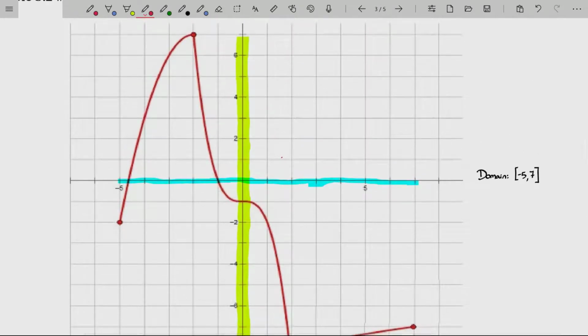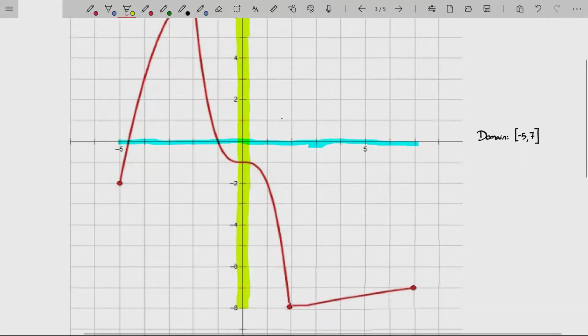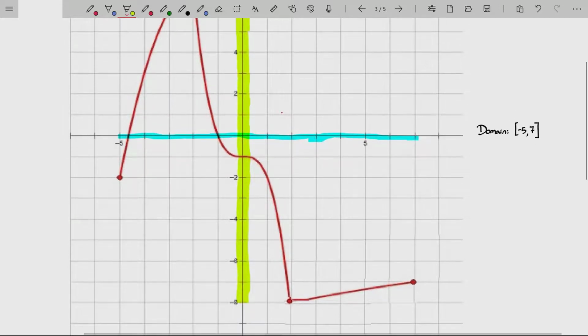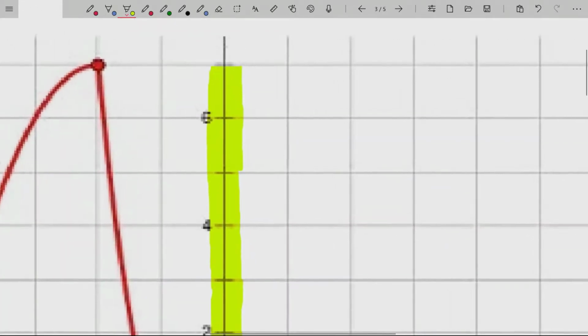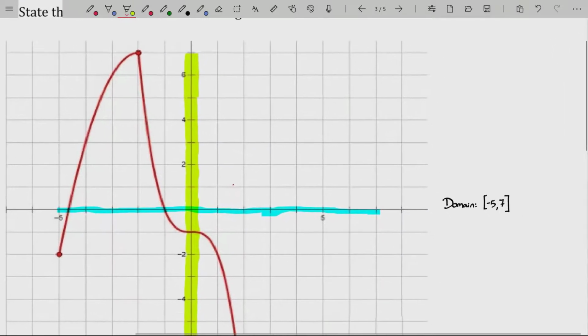And this shading technique really is very nice because then you get to actually see the range of your function graphically. Again, you go from lowest value to highest value. So it goes from a y value of -8 all the way up to a y value of +7, as grainy as that may be.